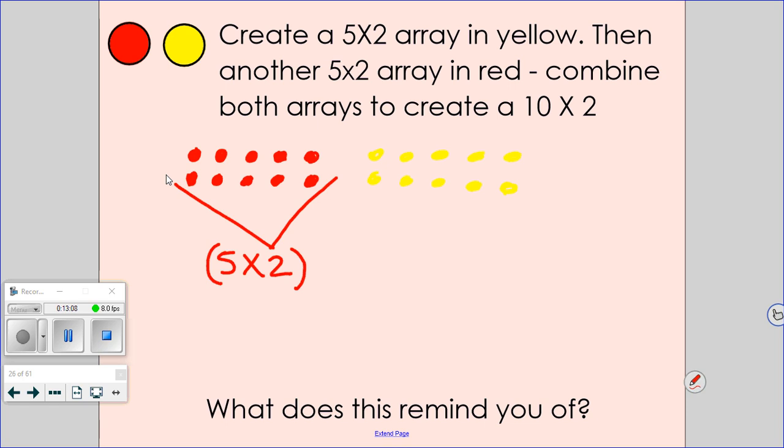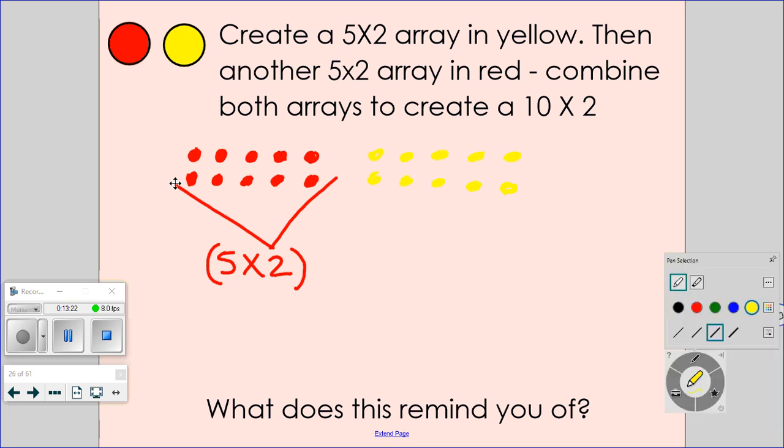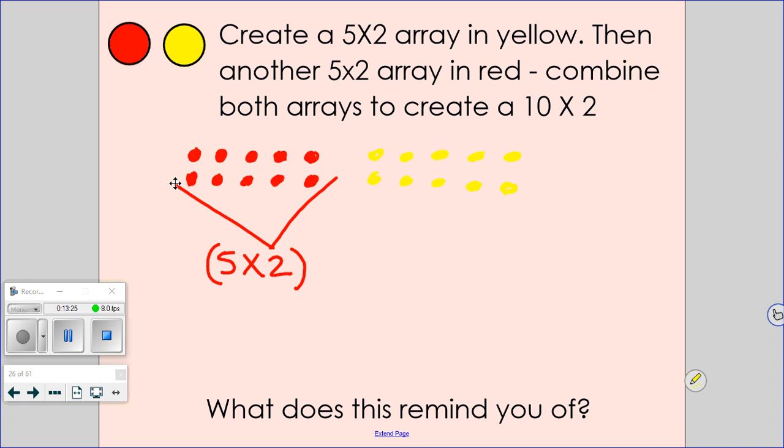Alright, and then next to that 5 by 2, just like on your desk, it might be helpful if you use an orange crayon just so you can see it a little better. I want you to draw the yellow 5 by 2 just like on your desk. So we're going to draw it right next to our red one.